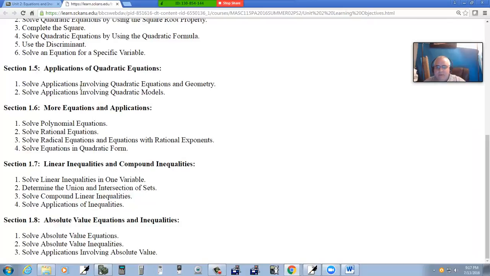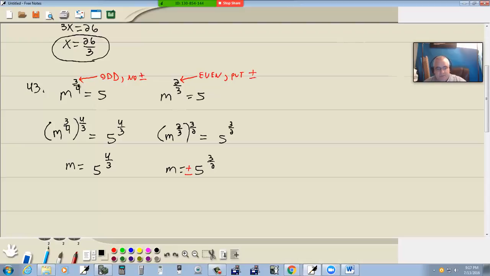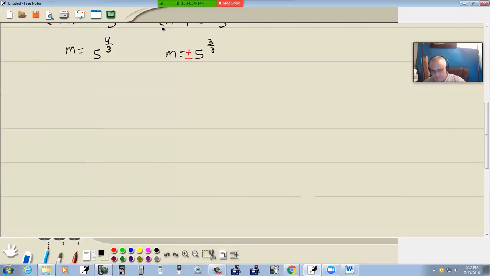Let's see, solve equations in quadratic form. So let's talk about that. Example of that. Let me see, if we had x minus 5 square root of x plus 6 equals 0. Yeah, that'll work. Okay.